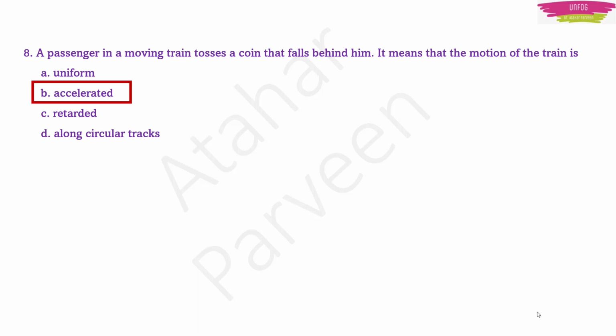The coin is falling behind that man. It means that the train is moving with more and more speed. That's why we say that the train is accelerated. If the train was slowing down, then we would say that it is retarded. But the train is not slowing down, it is moving. That's why we say that the motion of the train is accelerated.